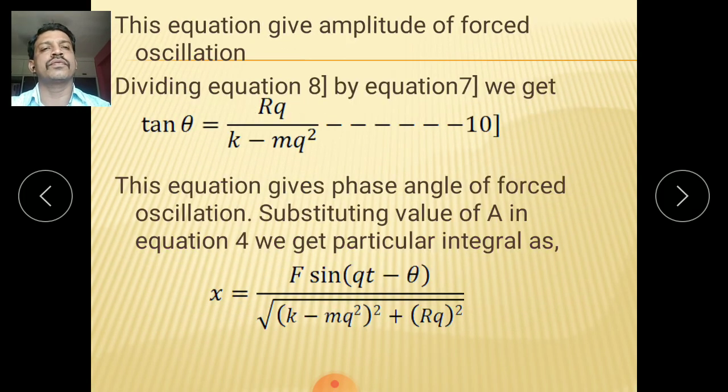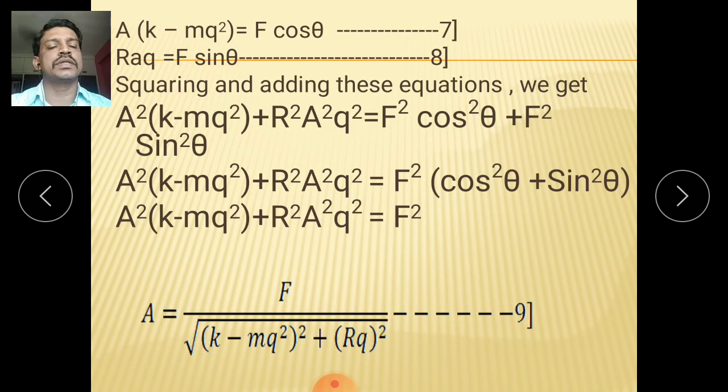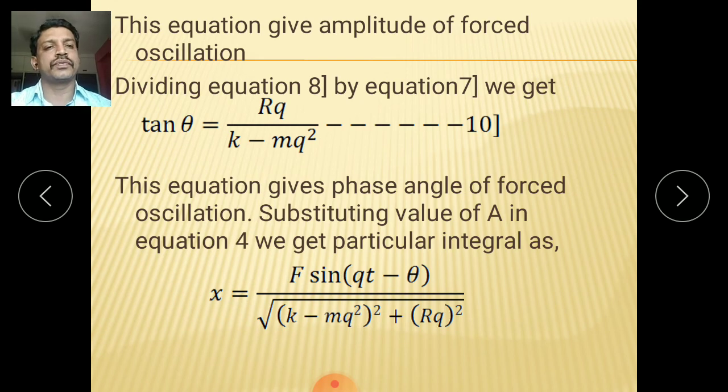The value of a is this. So x equals f sin(qt minus theta) upon under root [k minus m q square] square plus r q square. So this is the equation of the particular integral.